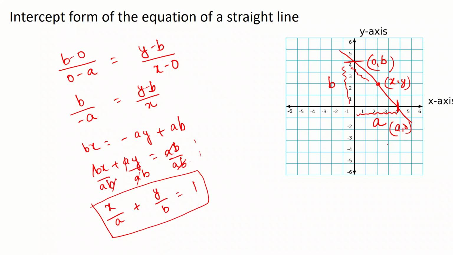So suppose you are given that the x-intercept is 5 units and the y-intercept is 8 units, then x by 5 plus y by 8 is equal to 1. So just remember that x by x-intercept plus y by y-intercept is equal to 1. The 1 is always there. This is the equation of the intercept form of the line.